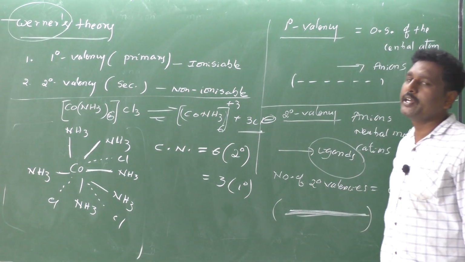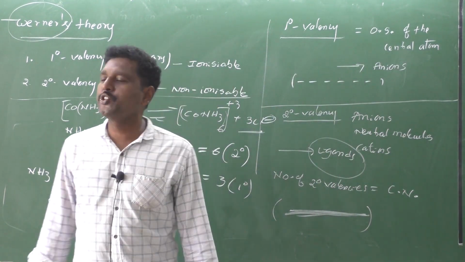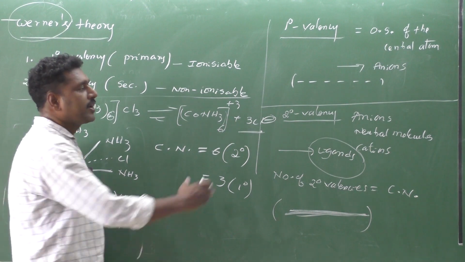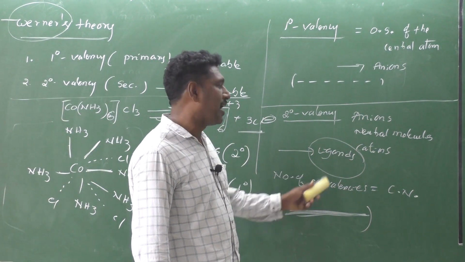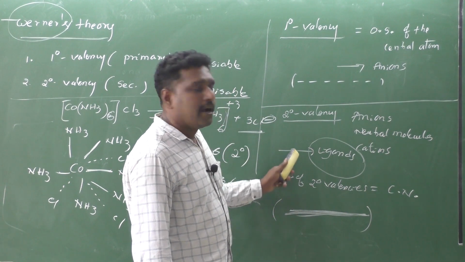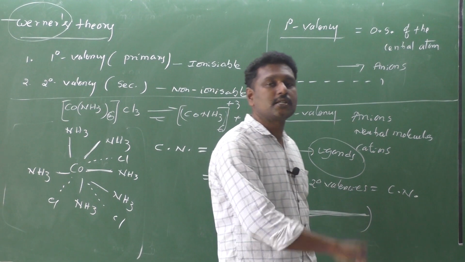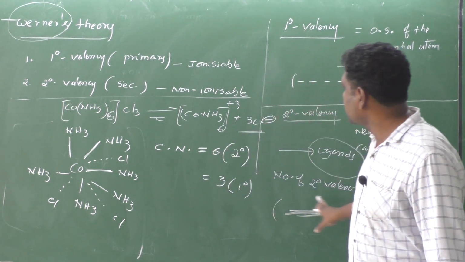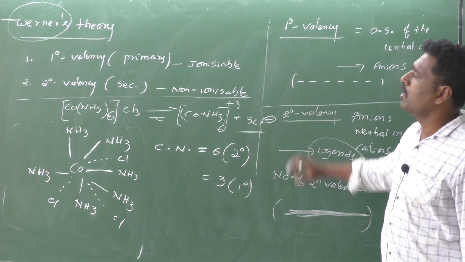It is satisfied by anions only and indicated by dotted lines. The 2 degree valency is satisfied by anions, neutral molecules, and cations. Those which satisfy the 2 degree valency are called ligands. They are indicated by thick lines.